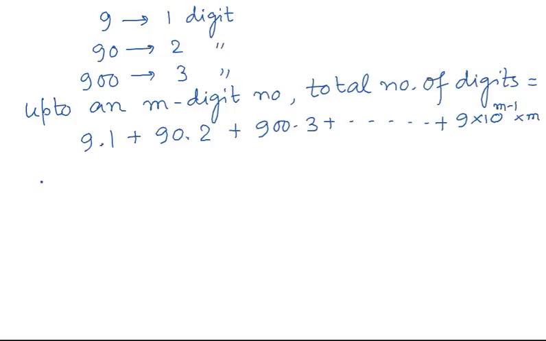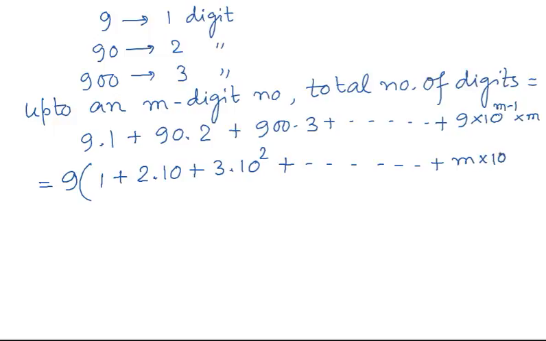So up to the last m-digit number, the total number of digits is going to be 9 into (1 plus 2 into 10 plus 3 into 10 square), and in this way the series will continue up to m into 10 to the power m minus 1.